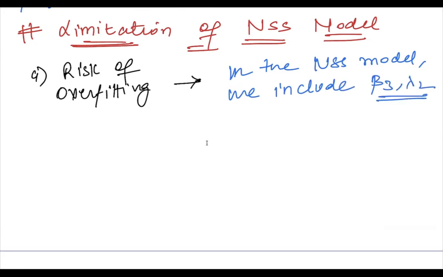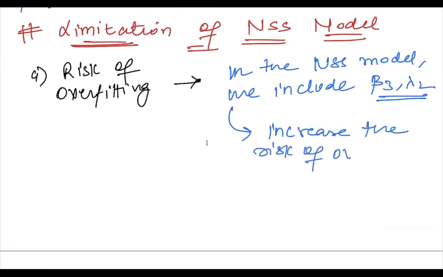These two terms we included, right? But with the inclusion of these, it can also increase the risk of overfitting. And we do not want to overfit the yield curve.